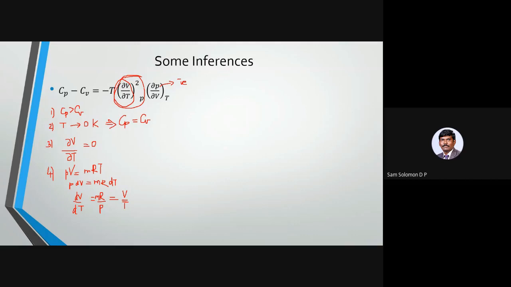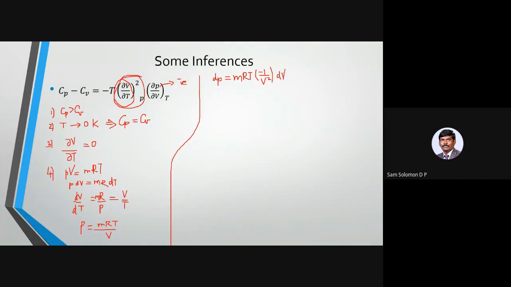Suppose I have P equal to mRT by V, and if I differentiate this by keeping the rest constant, dP is equal to mRT, no disturbance, and 1 by V, if you differentiate it, what you'll have is minus 1 by V squared times dV.